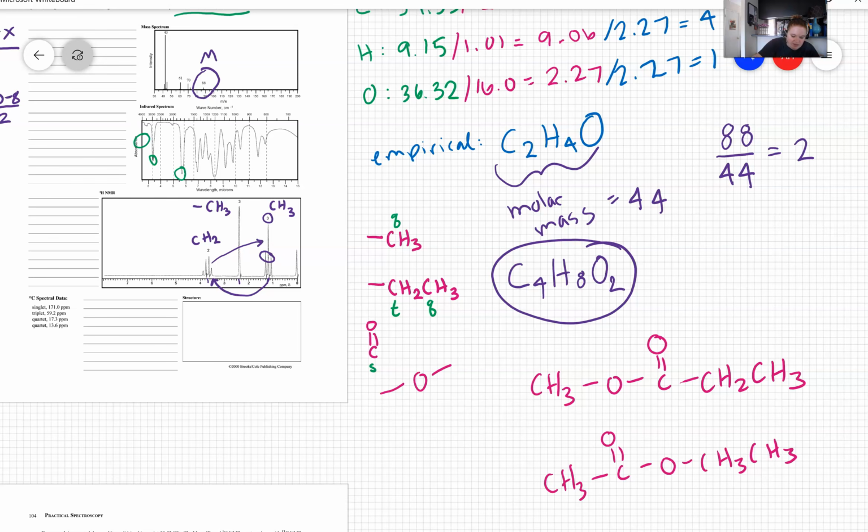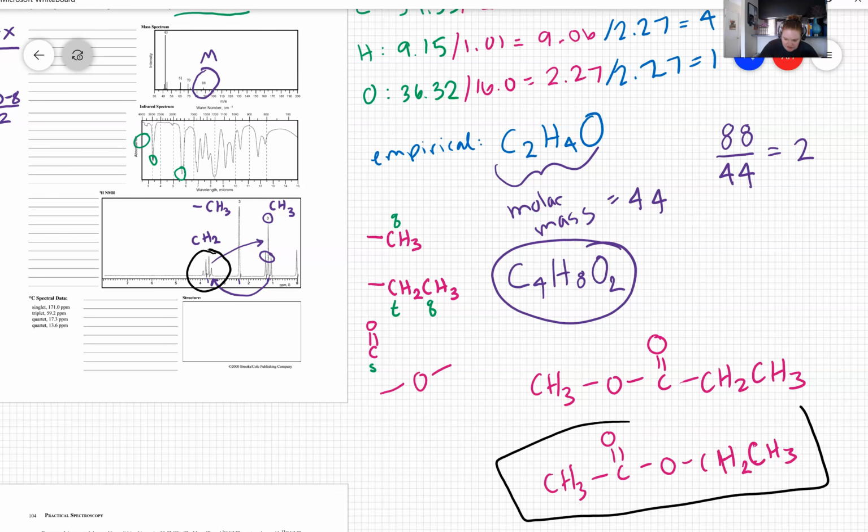And the peak that has the highest chemical shift is that CH2 group. I just realized I put a 3 here instead of a 2. So that tells me that this structure is my correct structure because my oxygen is next to that CH2 group.